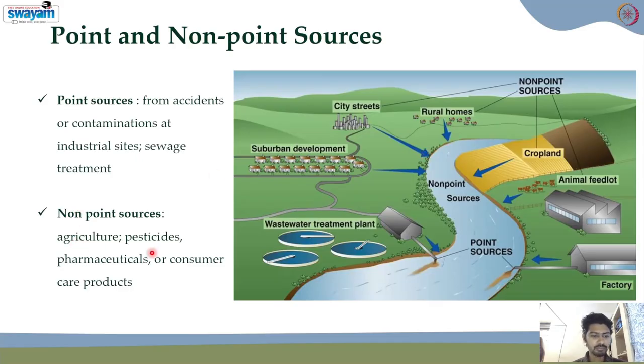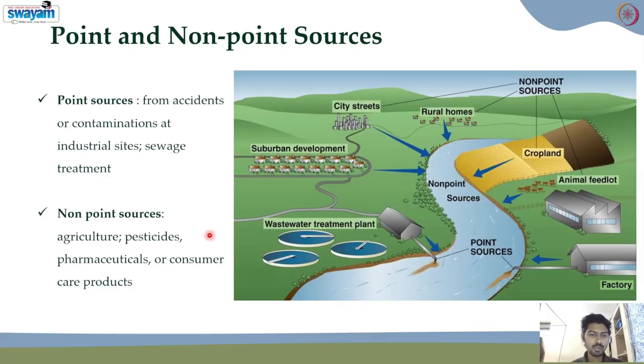For example, we spray pesticides on the crops and use fertilizers on the farm. So what happens when rainfall comes? When rainfall comes, it collects all the pollutants and carries them into the nearby river or lake. So here we cannot pinpoint the source of the pollutant or where its origin is.